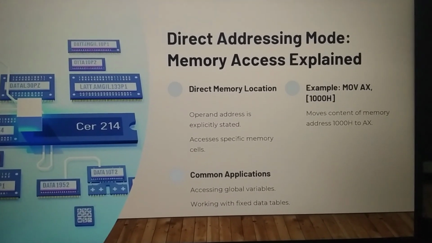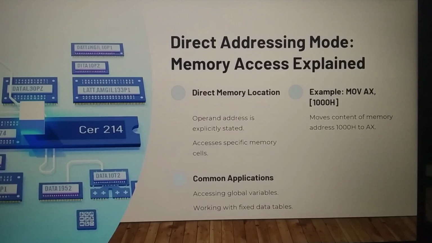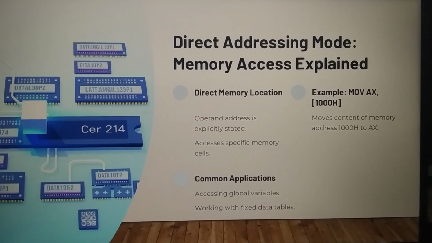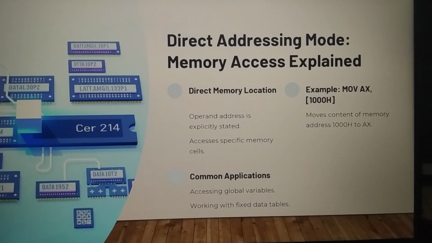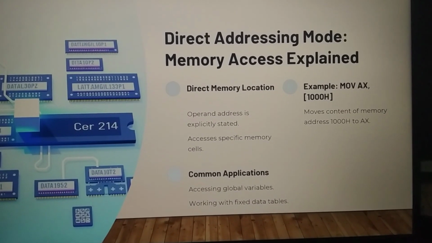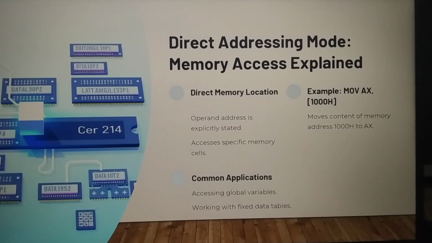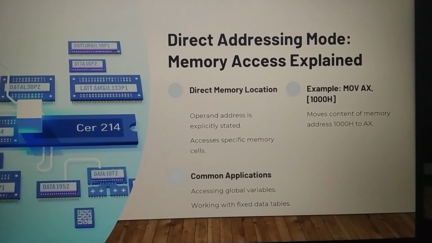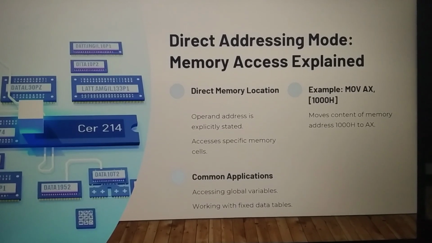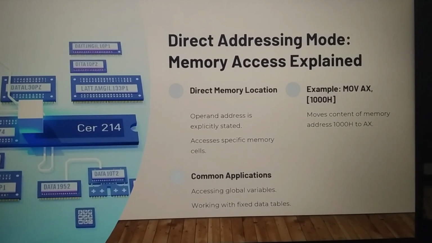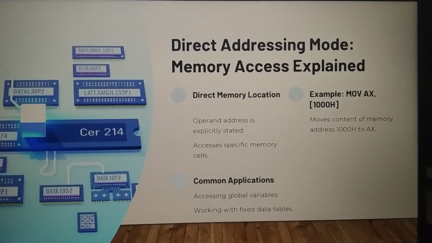In the 8086 microprocessor, direct addressing mode is a method where the memory location of the operand is explicitly specified within the instruction. The instruction provides a fixed offset address, and the actual physical memory address is calculated by combining this offset with the content of a segment register, typically the data segment, that is DS.